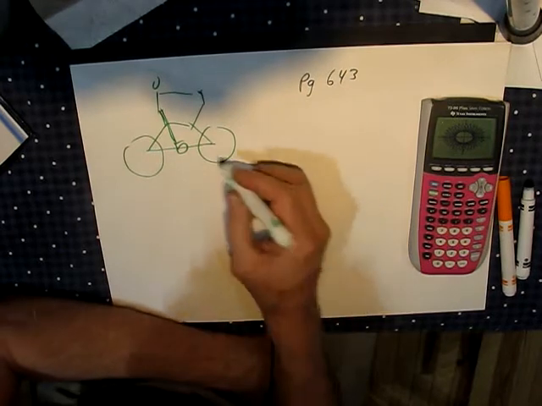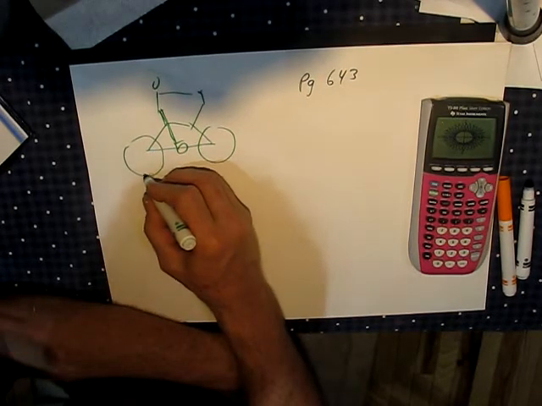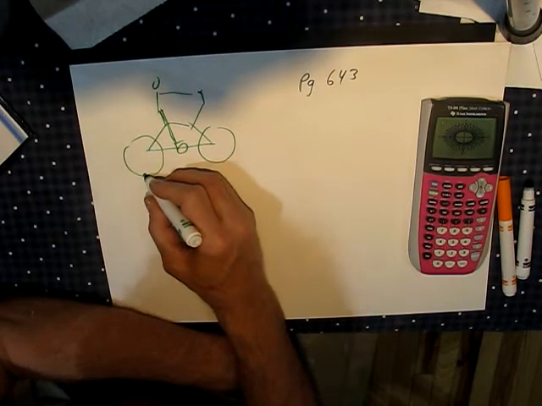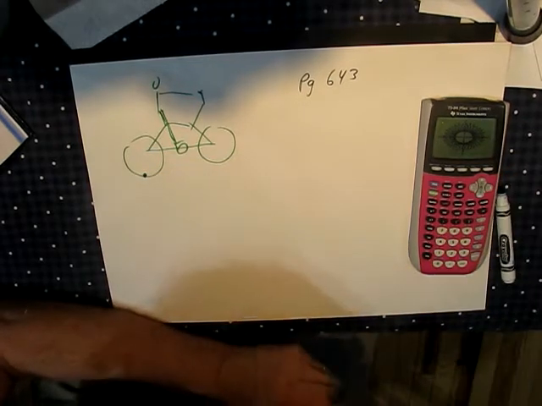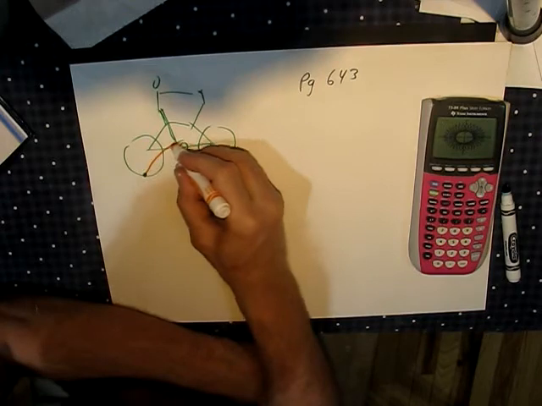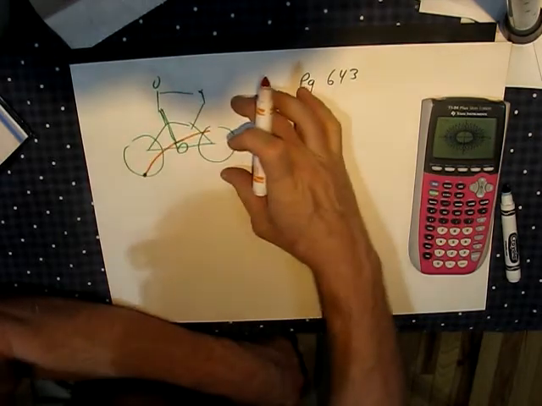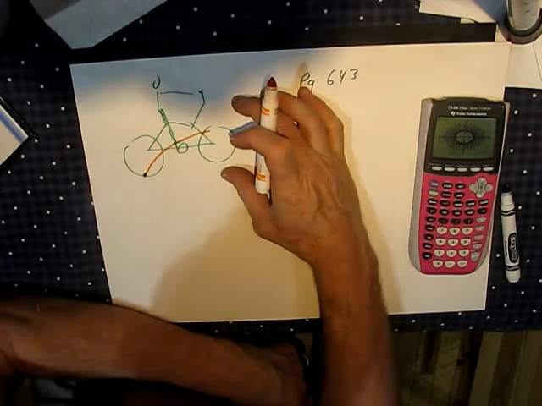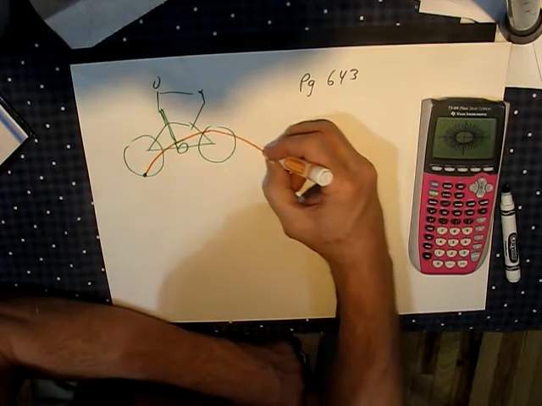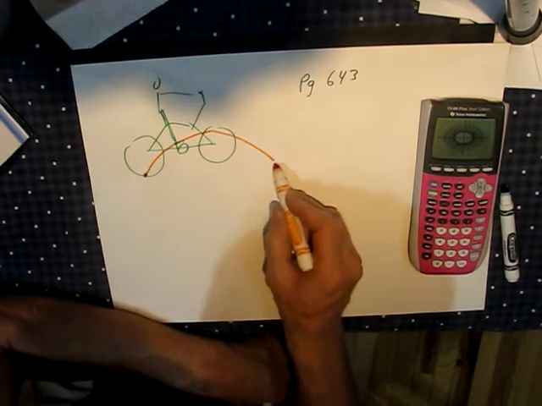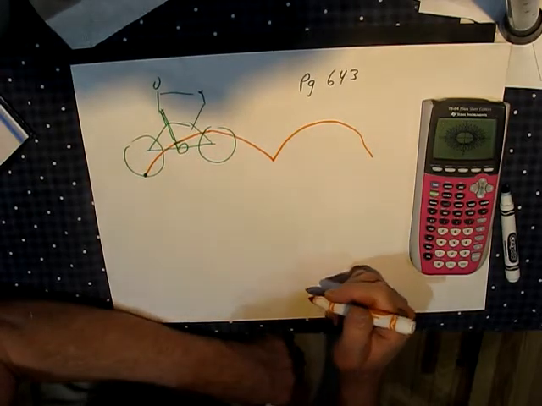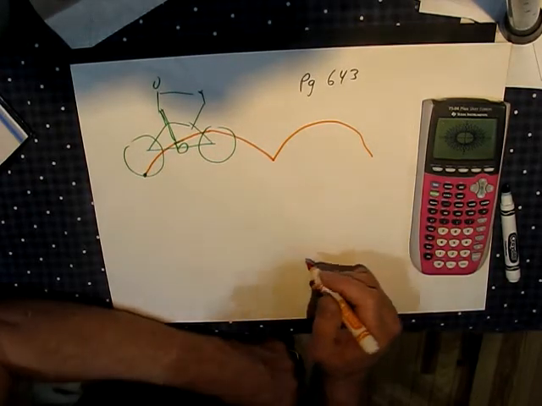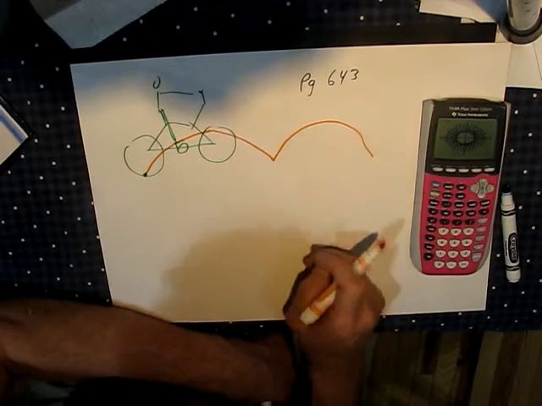Now, if the light is located right at the rim of the tire, as you go forward, the light is going to go up all the way to the height. Now the wheel has moved forward, and now it comes down and hits the ground, and when that wheel hits the ground again, it repeats. So we have this shape that's bouncing along down the road.